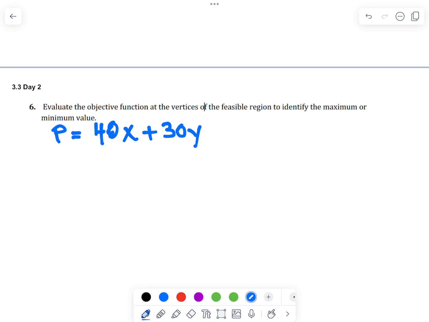Now we go ahead and substitute in the 4 vertices. So 0, 0, we don't make anything.